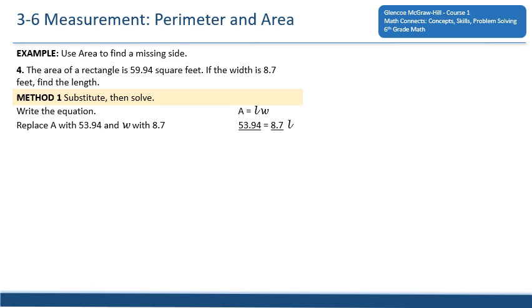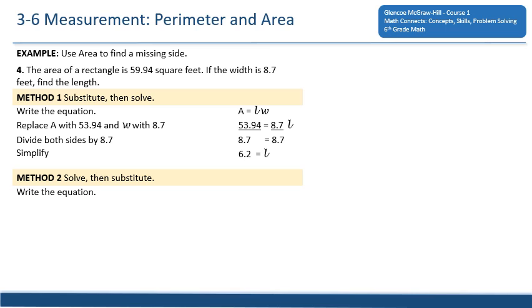So 53.94 is the area, equals 8.7 times L, or 8.7L. Divide both sides by 8.7. So if we divide those and we simplify, we'll get 6.2 equals the length.